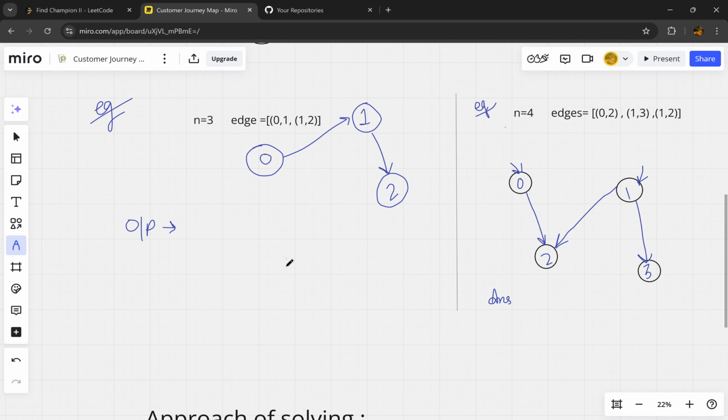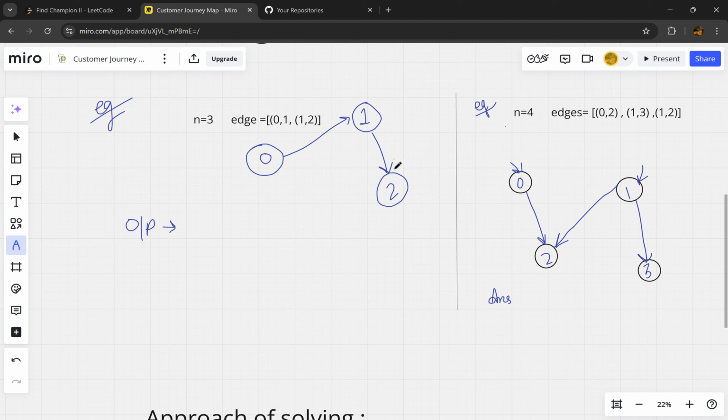Now let us take some more examples in order to build some understanding based on this question. So n equals 3, and edges are given to us: 0 to 1, 1 to 2. That means we have three nodes here. n represents the number of nodes: 0, 1, 2. In this case, as 0 is directed to 1, that means 0 is the winner in comparison to 1.